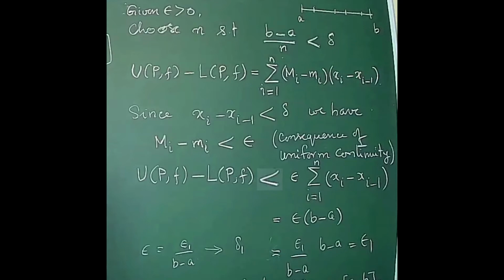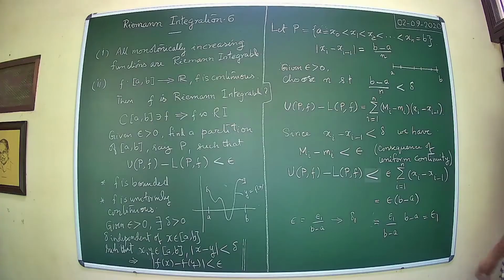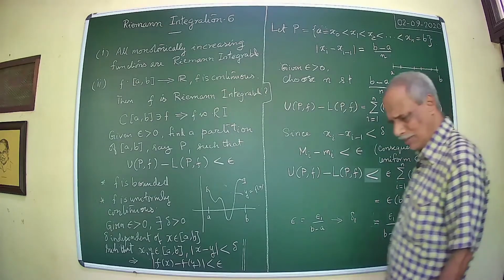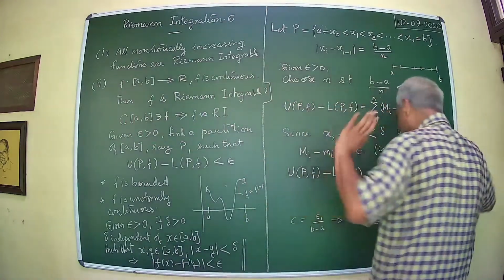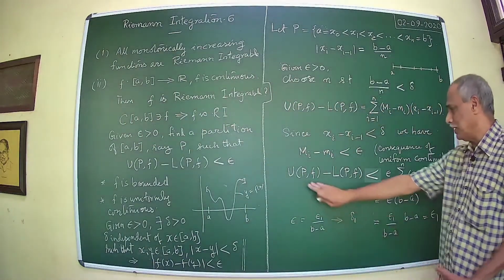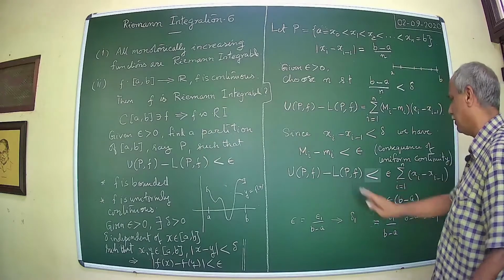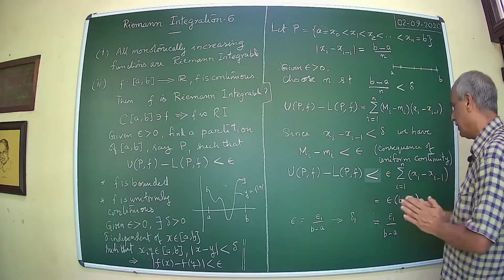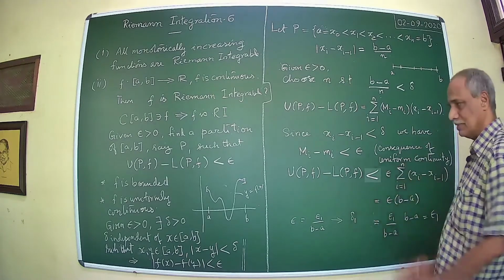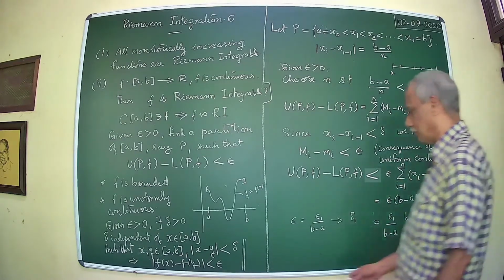That is just what the analysts usually play around with. But this result tells you that there is a P such that UPF minus LPF can be made as small as you want by choosing the partition. So this is possible.